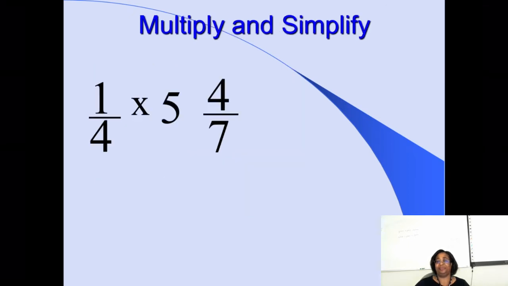You try this one. What's the first step? Make it an improper fraction. That mixed number must become improper.